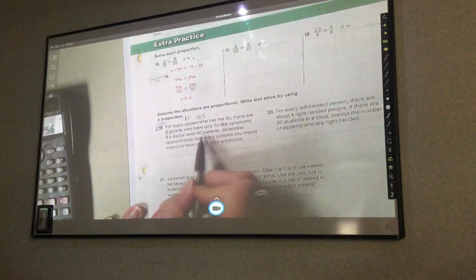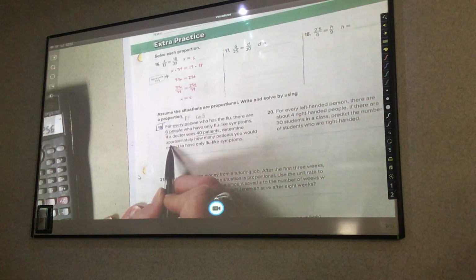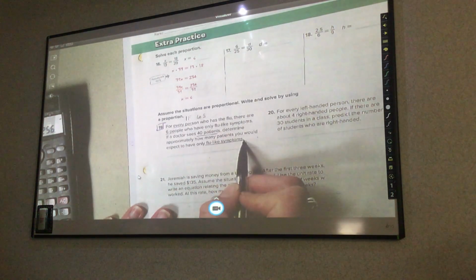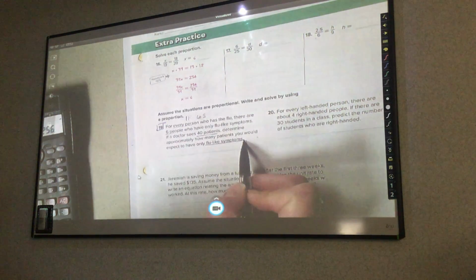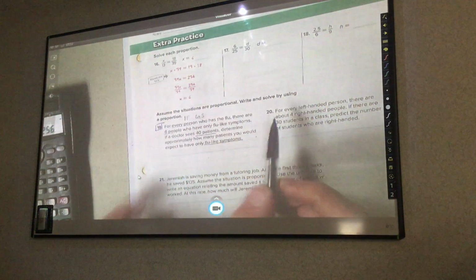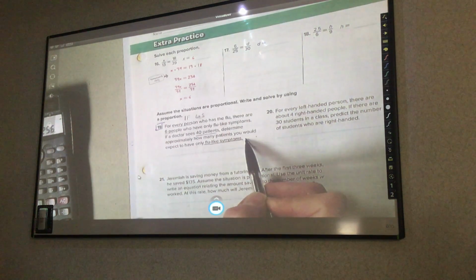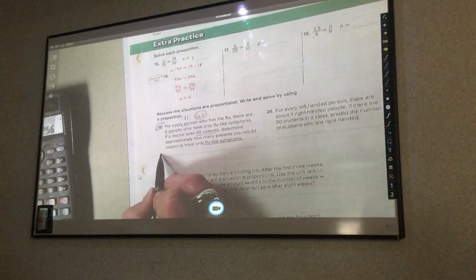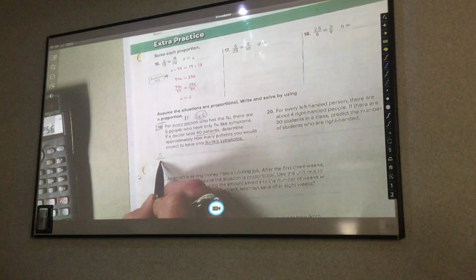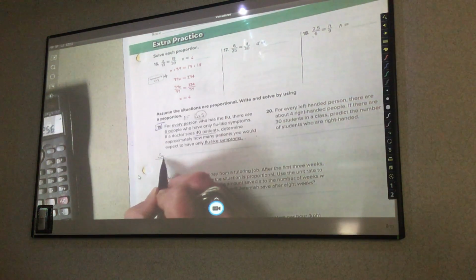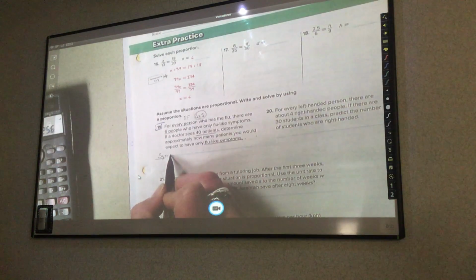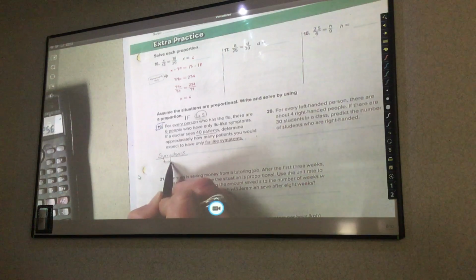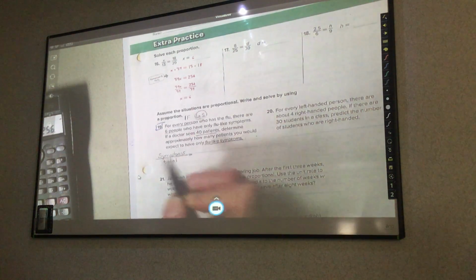If a doctor sees 40 patients, determine approximately how many patients you would expect to only have flu-like symptoms. Alright, we first have to set up a proportion with the people with flu-like symptoms. How many people have flu-like symptoms? 6. So we're going to do symptoms out of the total.